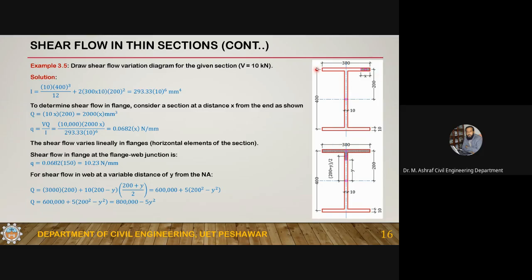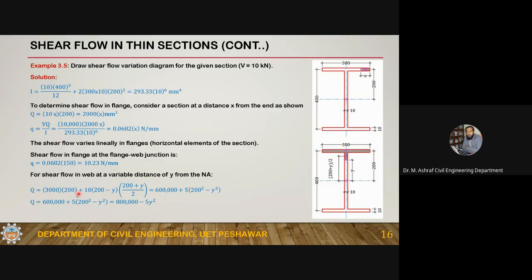Now for shear flow in the web, I've taken the section here. So this is distance y, and up to the center this is 200 plus y by 2 for this small portion, and this is the flange. So I've divided this into two, just like in the previous case.